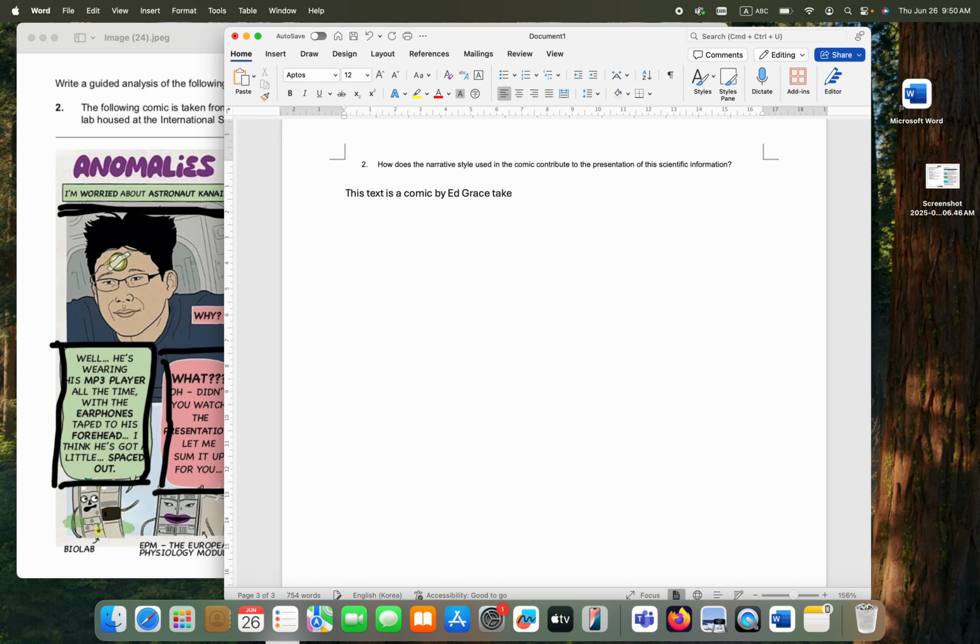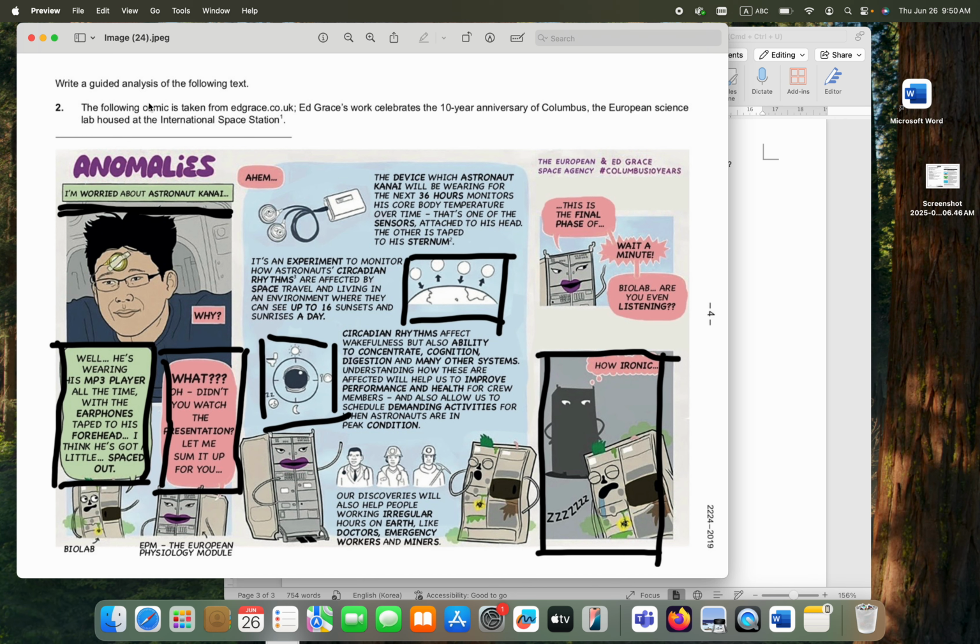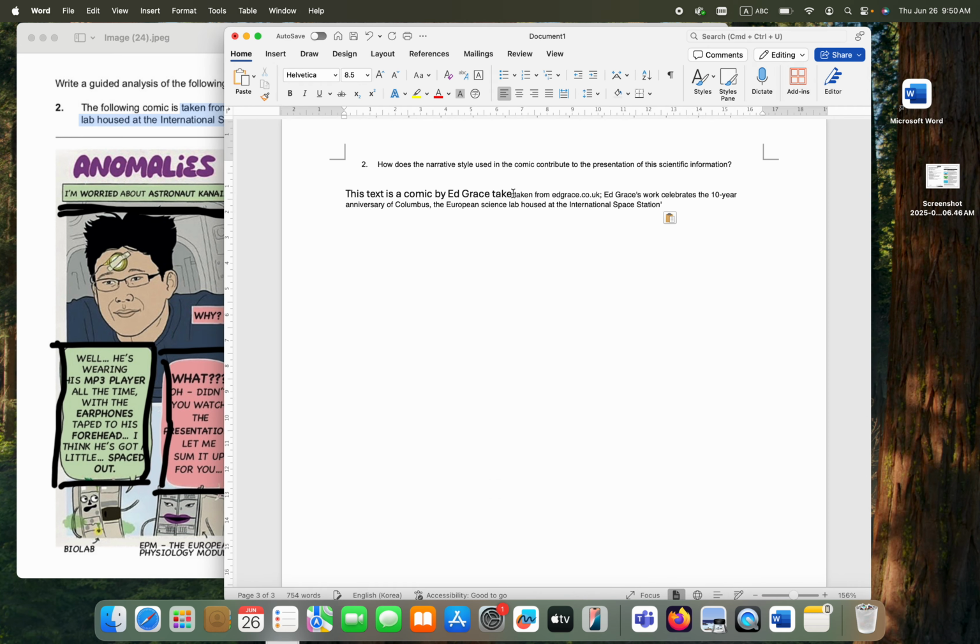Basically, I'm literally just copying what's here. You know what? Let's just copy this whole thing. Taken from edgrace.co.uk.